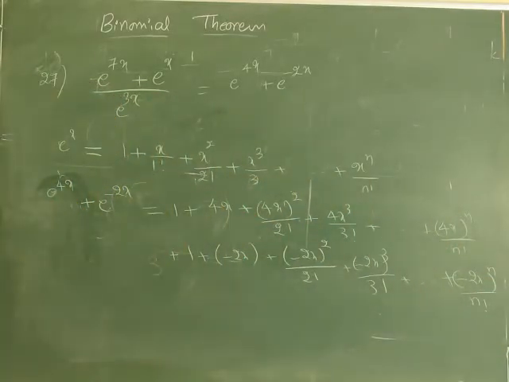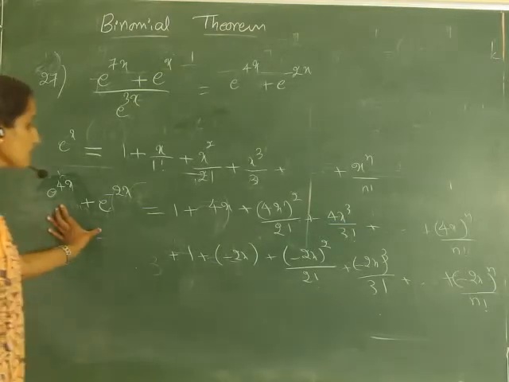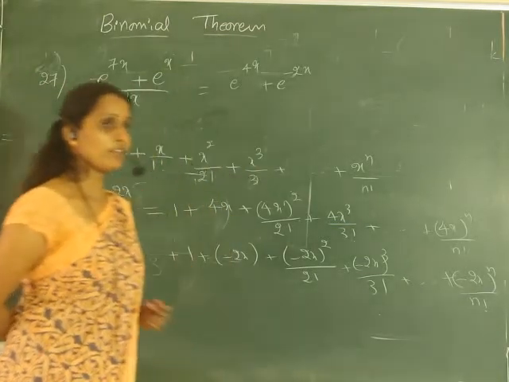But the question is, what is the coefficient of x power n in this expansion? So when we write this in the expansion, what is the coefficient of x power n?